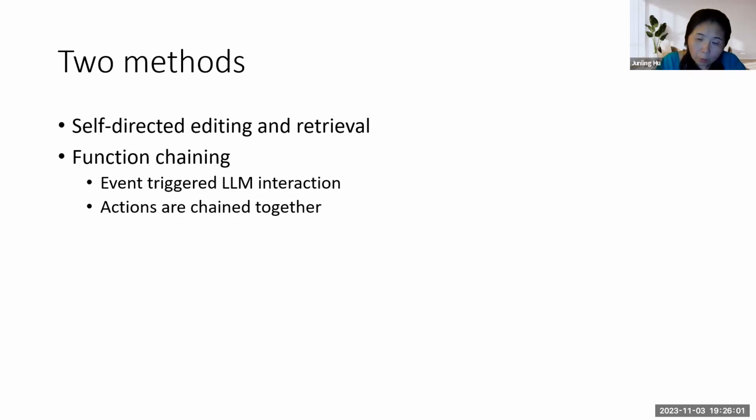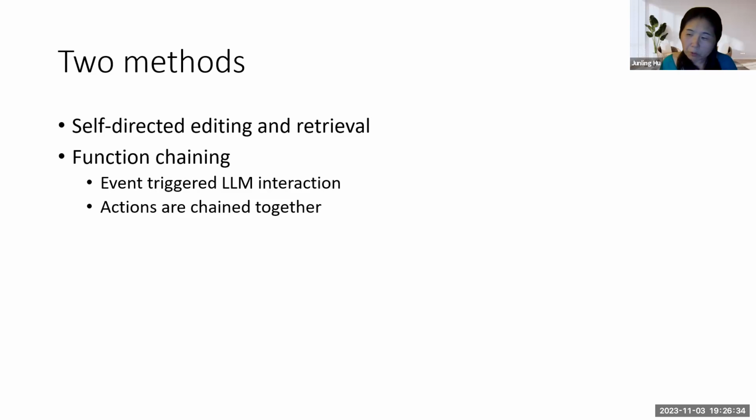When this MemGPT receives the in-context instruction with the query, it's supposed to immediately send it to the large language model to get a response. But instead of taking one step, it pauses for a few steps. It's doing some editing, some retrieval, continuously refining its own context.